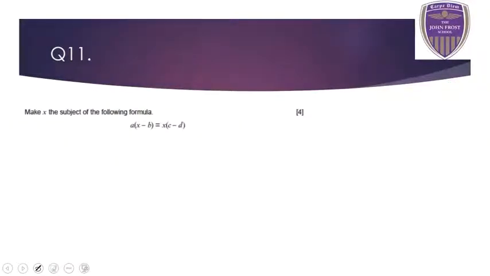Question 11, make x the subject of the formula. Now, at the moment, you've got a term in x there, and you've got an x on that side. So you've got one on the left-hand side, and you've got one on the right-hand side. So the first thing you need to do is expand the brackets. So we're multiplying out.